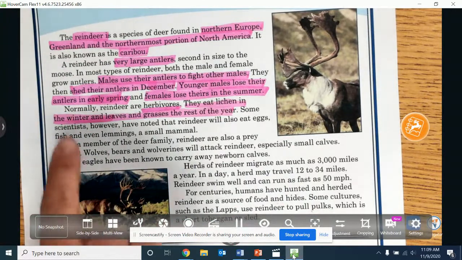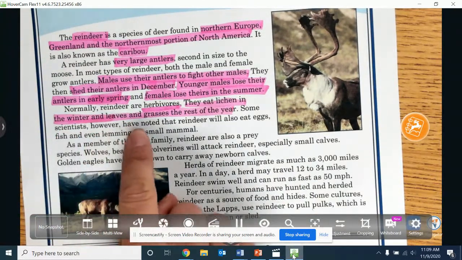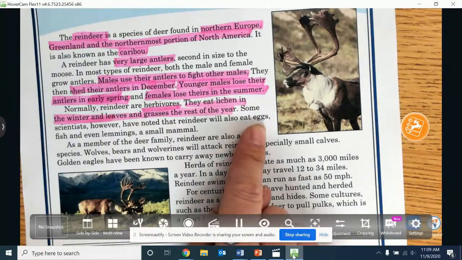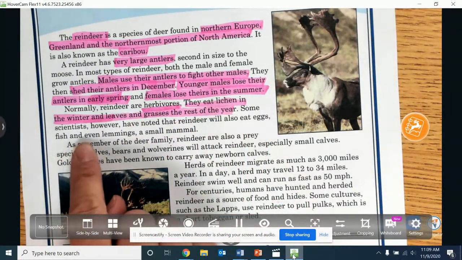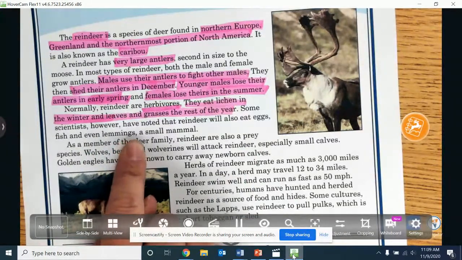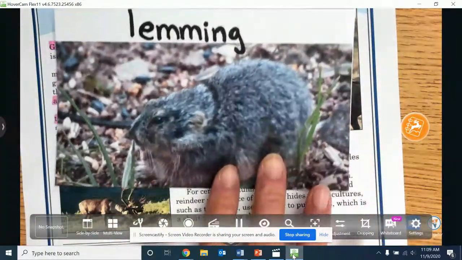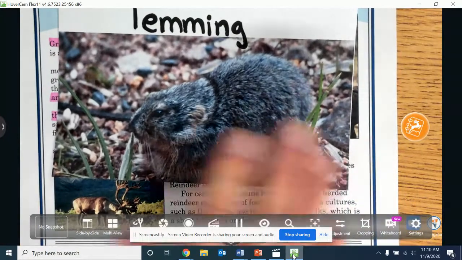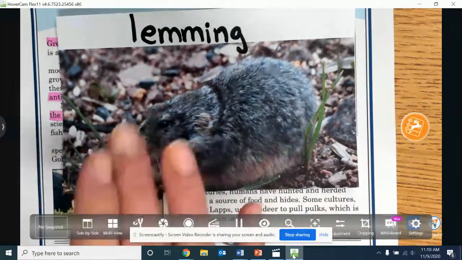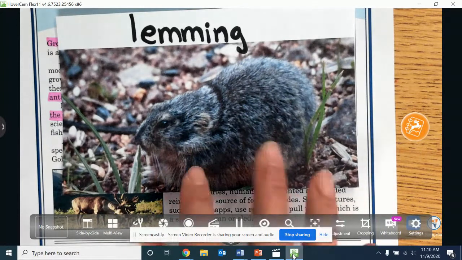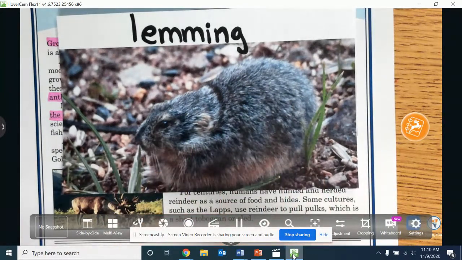However, some scientists have noticed that reindeer will also eat eggs, fish, and some even eat lemmings, a small mammal. And here's a picture of a lemming. It looks pretty big in the picture because it's zoomed in, but it's a little bit bigger than a guinea pig, but similar to it.